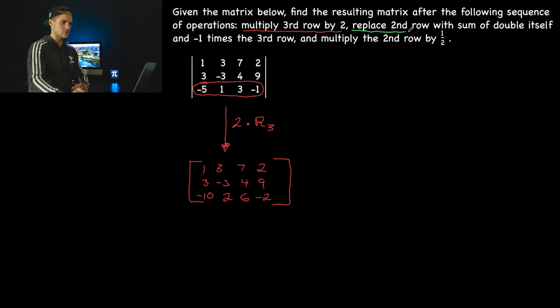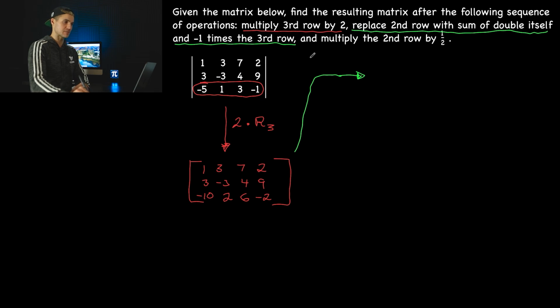Okay, now let's go to the next one. So what we have to do, let's read this carefully, replace the second row with the sum of double itself and -1 times a third row.